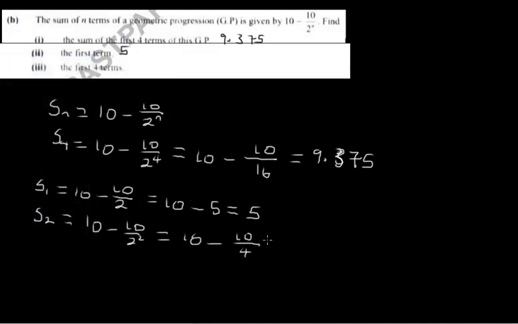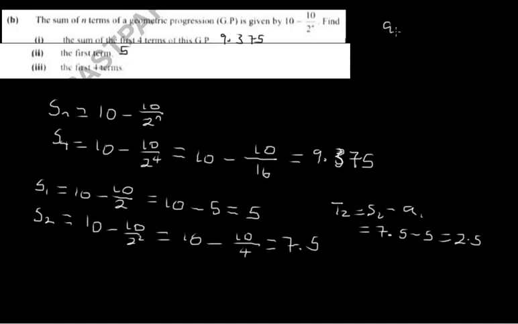So if the sum of the first 2 terms is 7.5, but we know what the first term is. The first term is 5. So term 2 is equal to S2 minus A1, and this gives us 7.5 minus 5, which gives us 2.5. So the second term is 2.5.